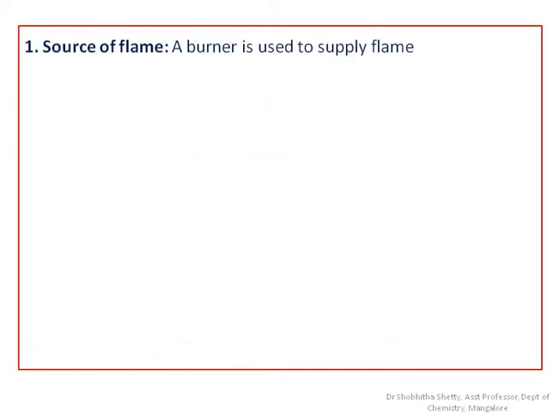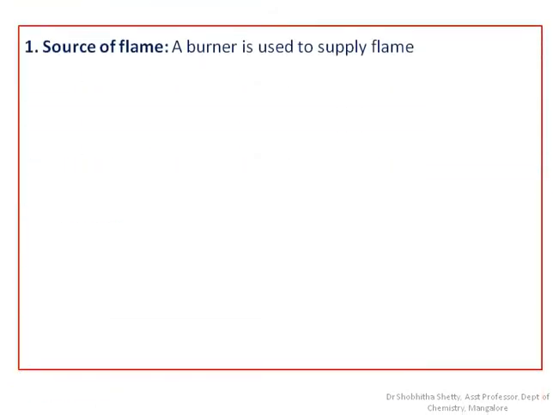So coming to the important parts of this flame photometry, mainly it contains a source of flame. Usually a burner is used to supply the flame, and it is maintained at constant temperature with a constant form also.